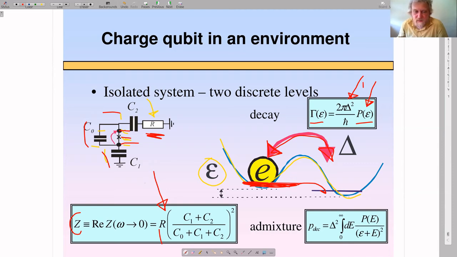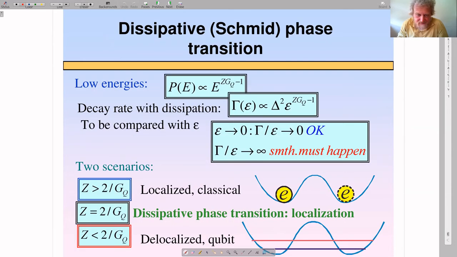Right. So what can we now say about a charge qubit in the environment? Interestingly enough, these qubits can be in two phases, separated by a phase transition, which is usually called the Schmid phase transition.